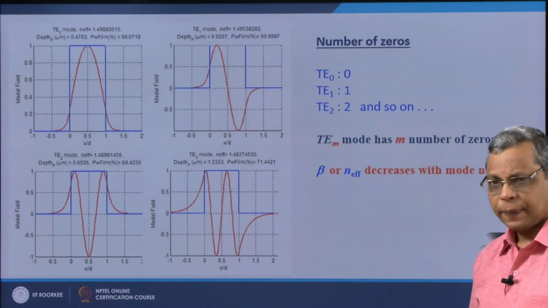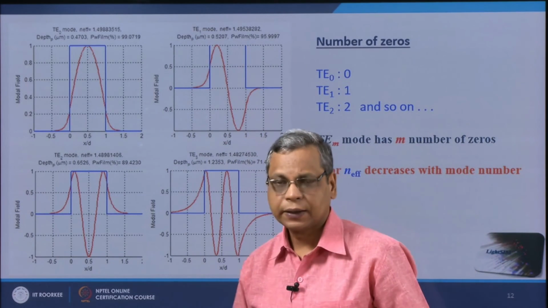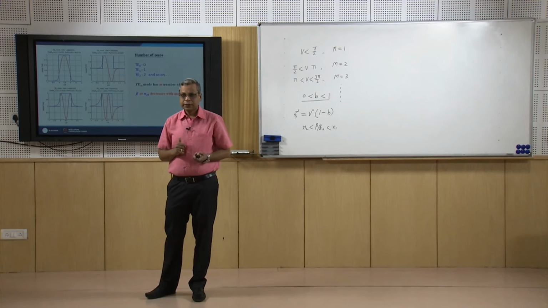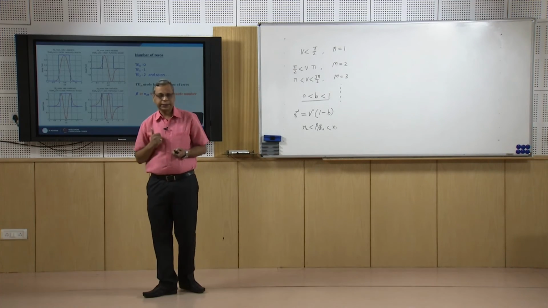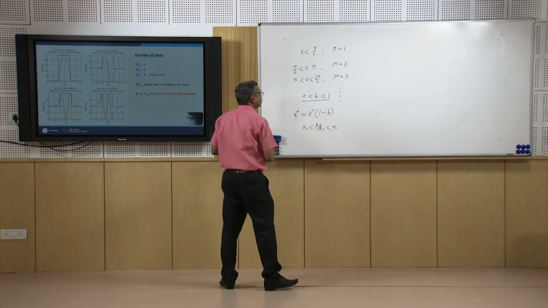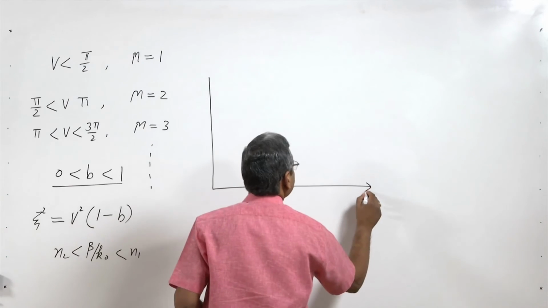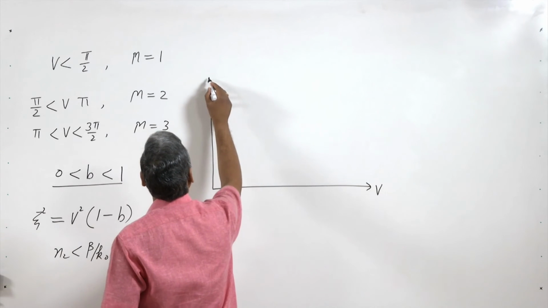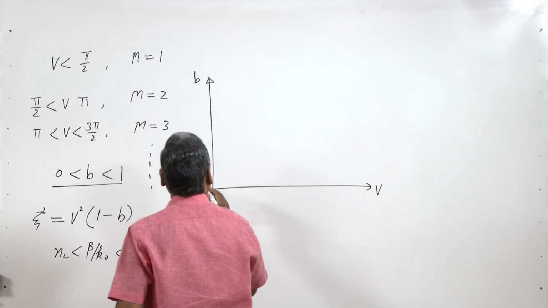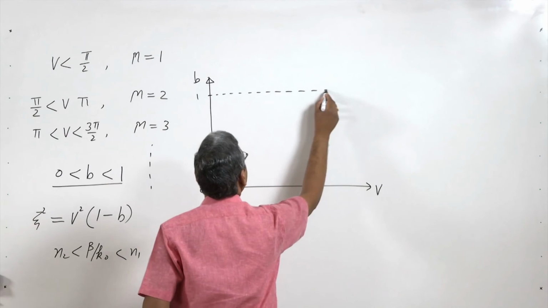Another thing that I see when I solve this is that with the number of modes the propagation constant decreases. If you remember the B-V curves, this is V which is normalized frequency, this is B which is normalized propagation constant, and B always lies between 0 and 1 for guided modes.